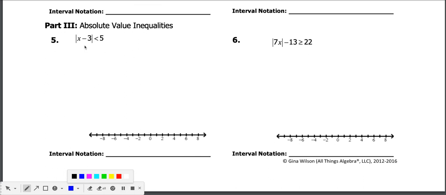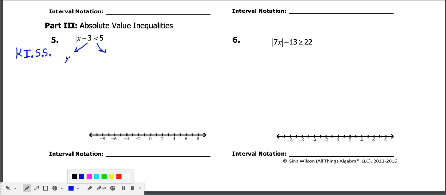We're trying to get, first step, remember, is get the absolute value all by itself. Well, this one already is. So then the next step is to split it. So I'm going to split it here, and I'm going to rewrite it. And remember, keep it, switch. That's keep it, and then switch is a good way to remember this.